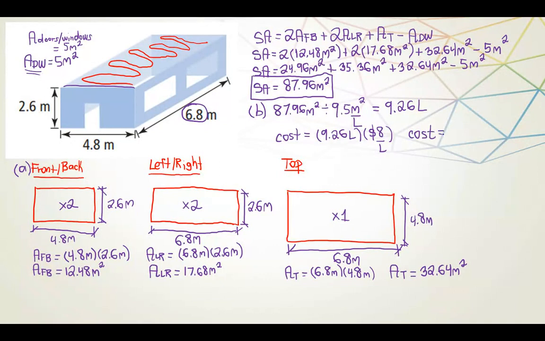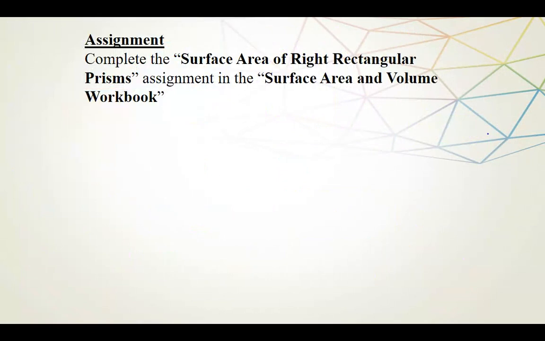Multiply those two together, and when you write down a cost value, you should always be rounding to the nearest hundredth of a decimal, because the nearest hundredth is the nearest cent. And if you do this correctly, you should get 74.07, so $74.07. That's the total cost to paint this.